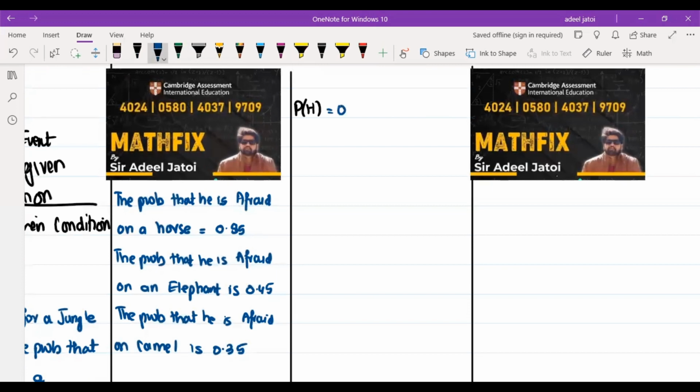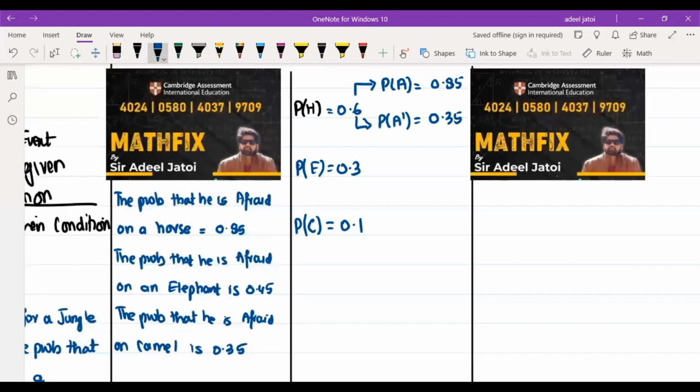Now, to understand this, we can also work upon that the probability that he travels on horse is 0.6. Probability that he travels on elephant was 0.3. Probability that he travels on camel is 0.1. But considering that when he travels on horse he was afraid, the probability of afraid was 0.85. So if the probability of afraid is 0.85, then the probability of not afraid should be 0.15.